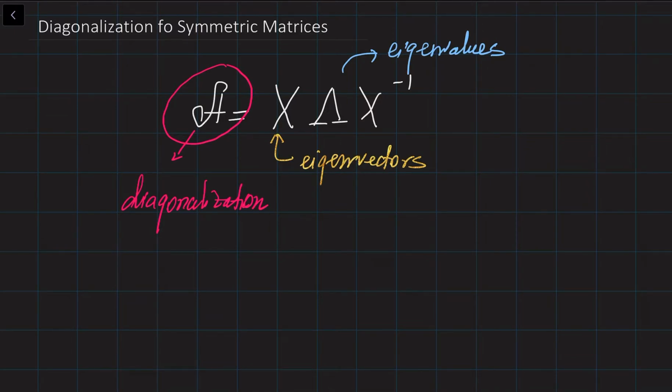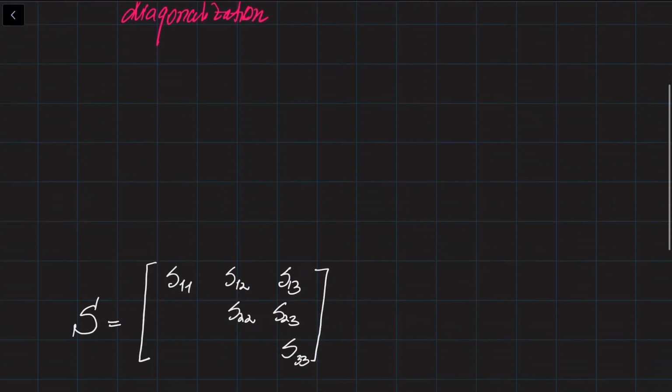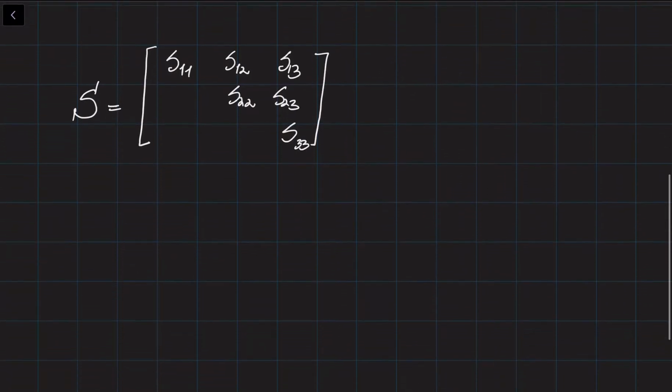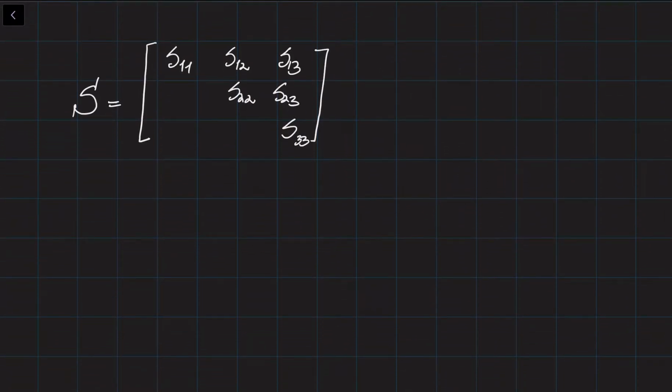So let's discuss what the symmetric matrix is and let's define this. If you're given some matrix S, for example a 3 by 3 matrix with 9 entries, then it is called symmetric over this diagonal if all of the entries above the diagonal and below the diagonal are the same in the corresponding positions.